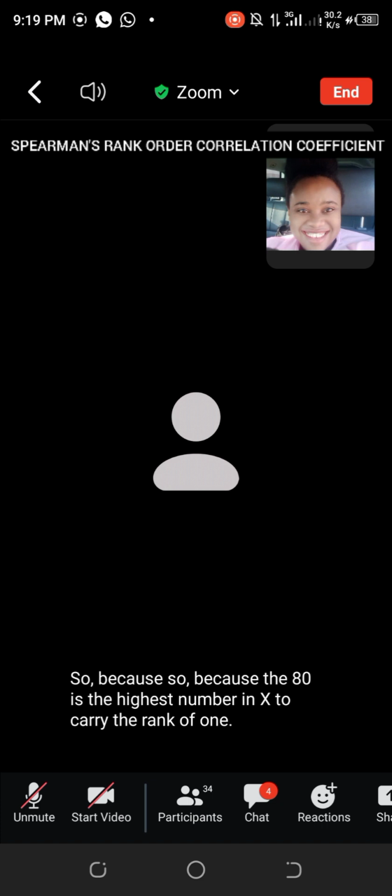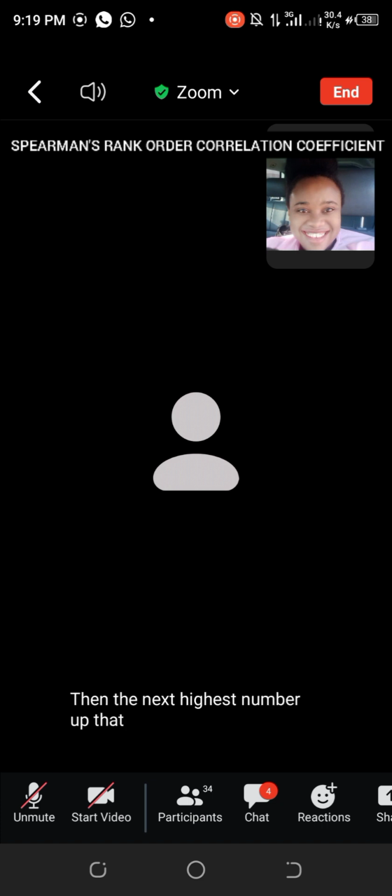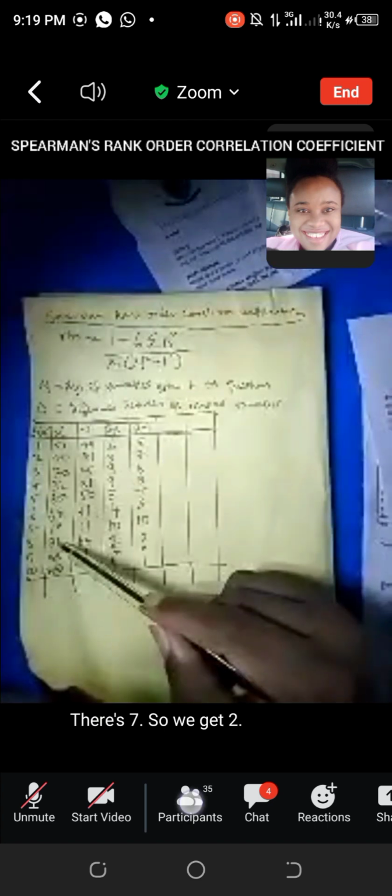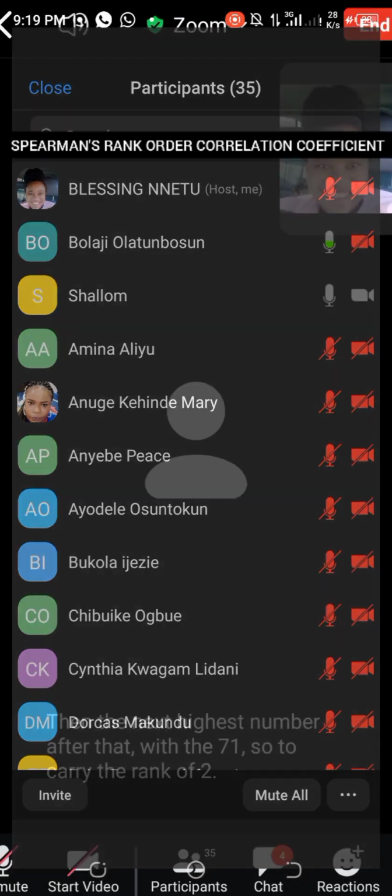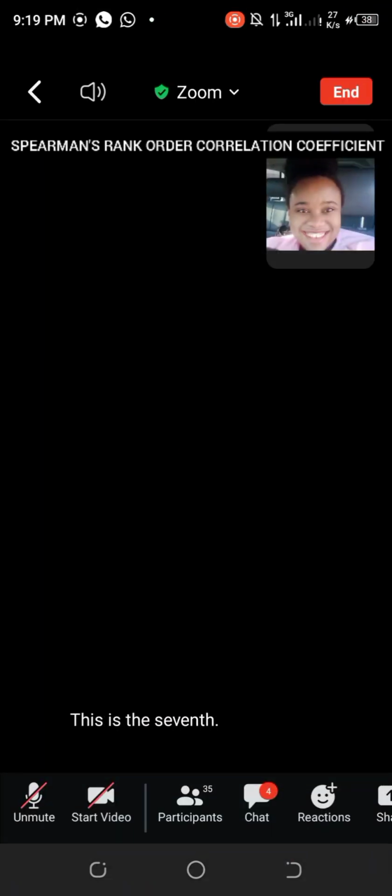Then the next highest number after 80 is 71. So it will carry the rank of 2. Then the next highest number among all these numbers is 70. It will carry the rank of 3. So that's how we rank them.